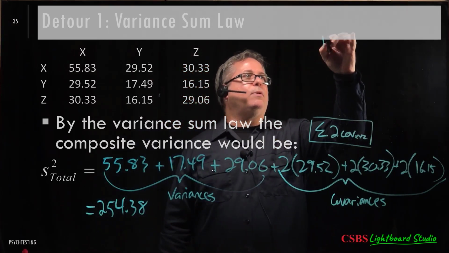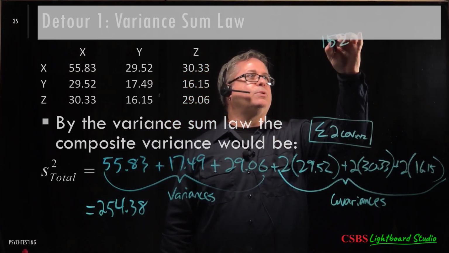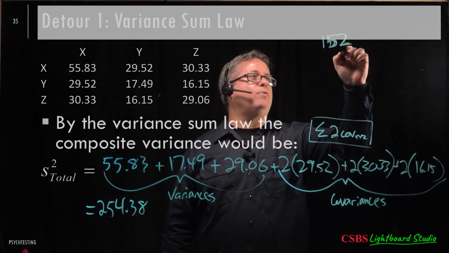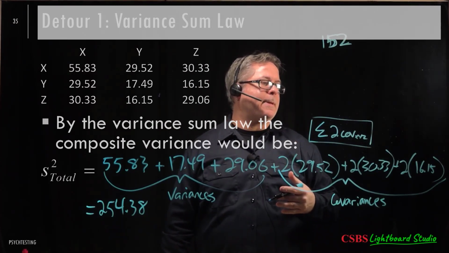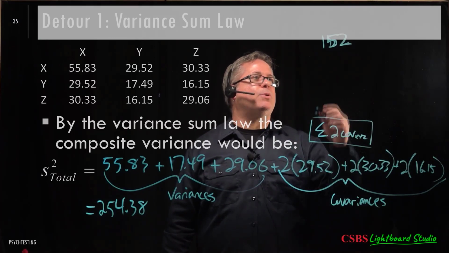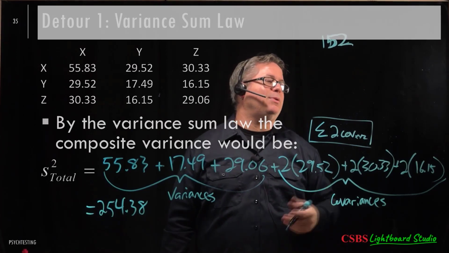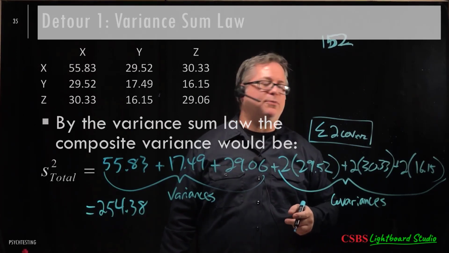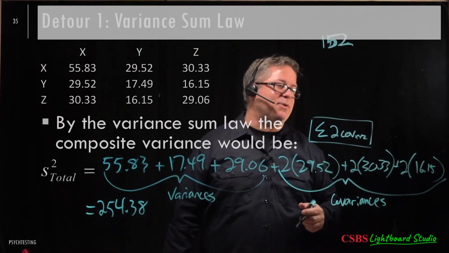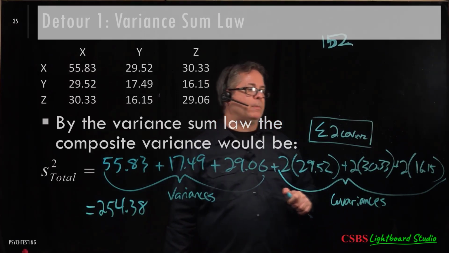All right, so I got 152, which is the sum of my covariances. Is 152 even? Okay, so 152 is the sum of all the covariances. Now, what would that do for me? How would it be beneficial to know that the sum of the covariances is 152?